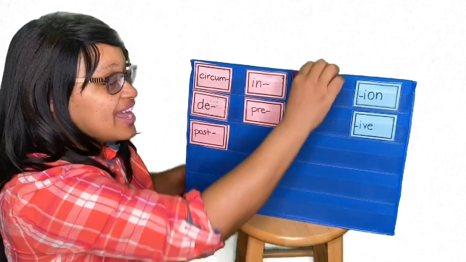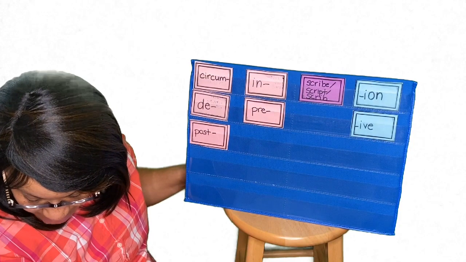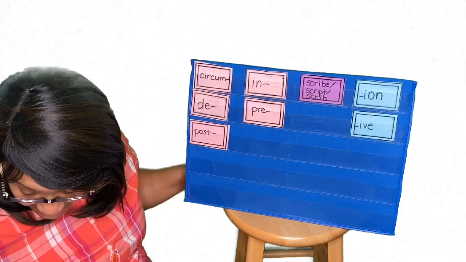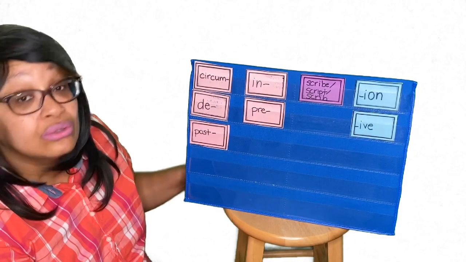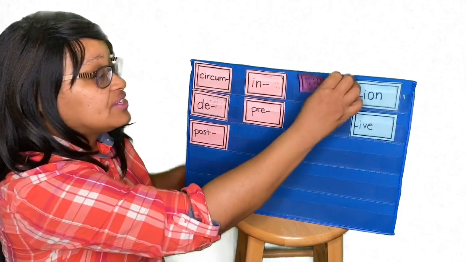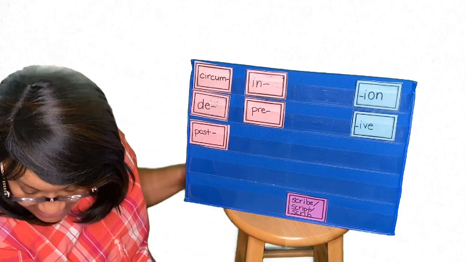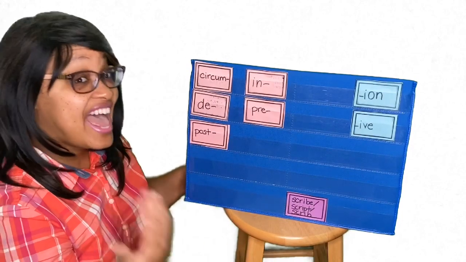Okay, let's try one more. Let's try this one. In addition to an already completed letter and in addition to an already completed article or book. So this is in addition to. So if it's already completed, then it's written. But then it's in addition to. So if it's already written, then it's happening after.